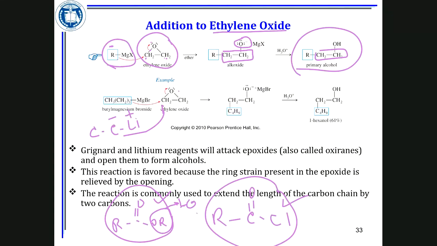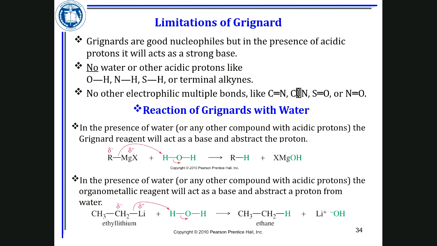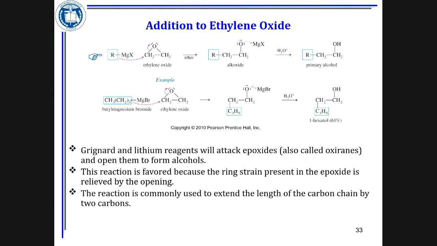Now, if it's not ethylene oxide specifically, I'm not sure if it's covered here. No, but you might see it on the test. Let's say there is a methyl group attached here.